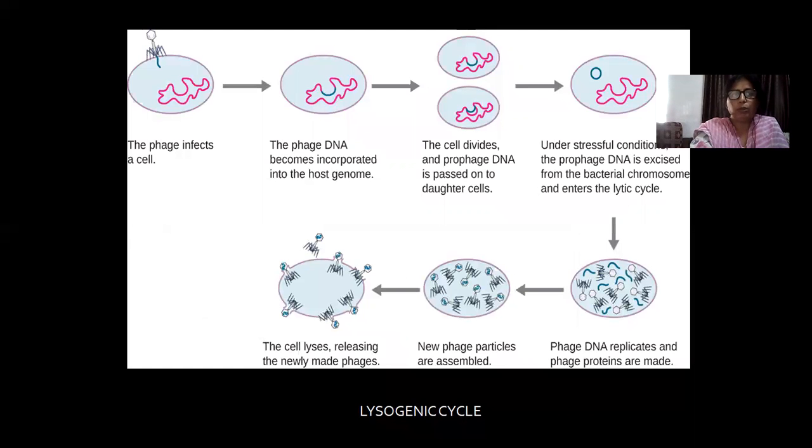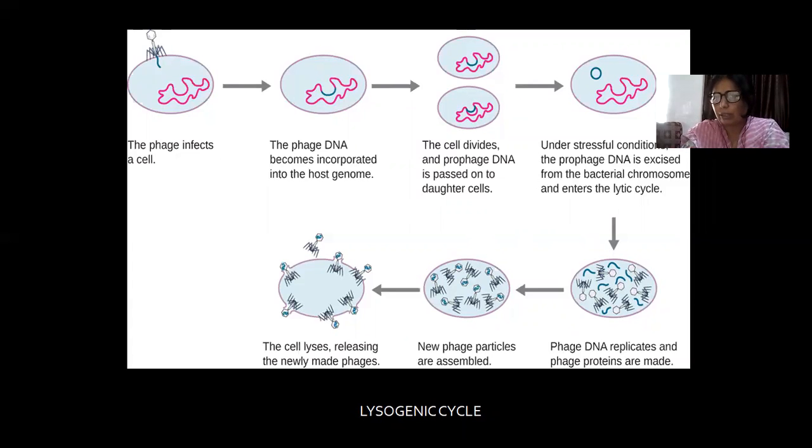We can see here also how a phage infects a cell. Phage infecting a bacterial cell, the phage DNA being incorporated with the host DNA. It replicates and the cell divides, and the prophage DNA is passed on to the daughter cells. That means the progeny of bacteria goes on along with that of the viral DNA.